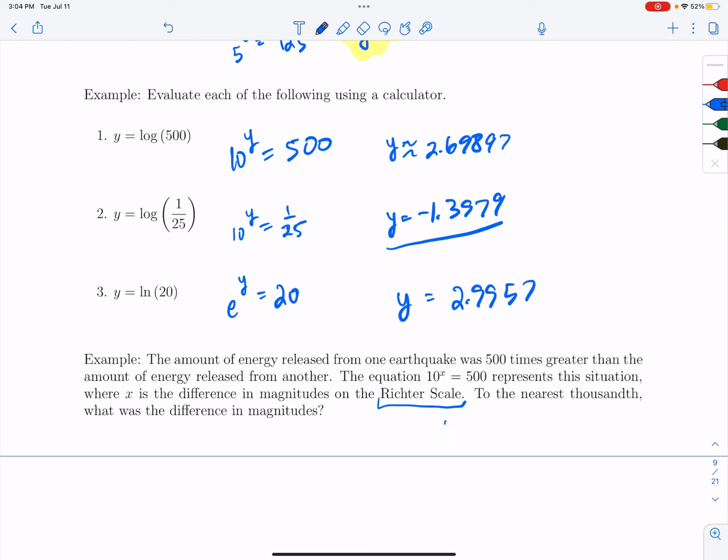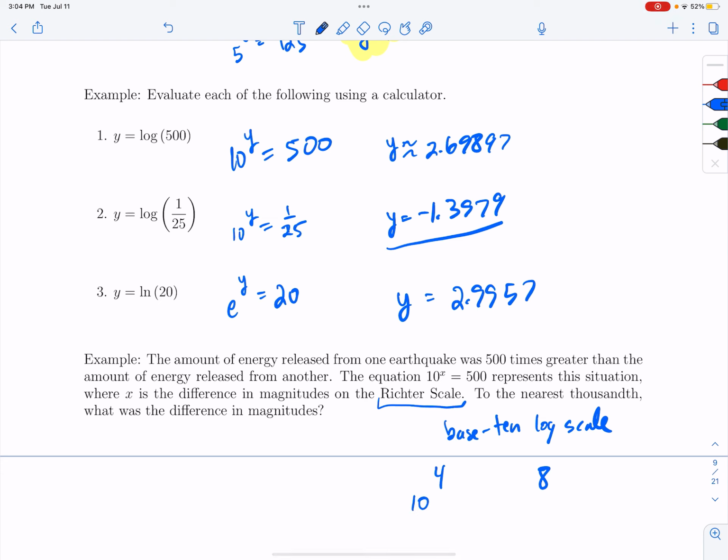And this is a base 10 log scale. All right. So as an example, if we experience two earthquakes, if one is magnitude 4 and one is magnitude 8, that doesn't mean the magnitude 8 earthquake is 2 times as big.